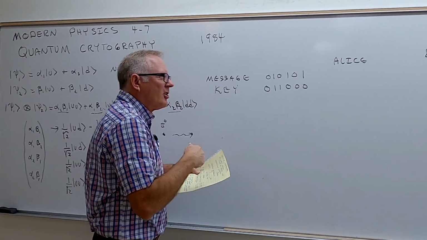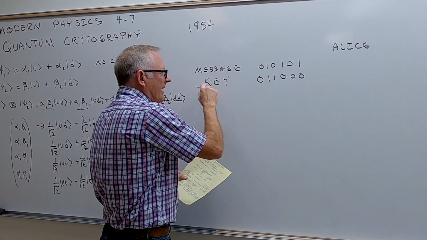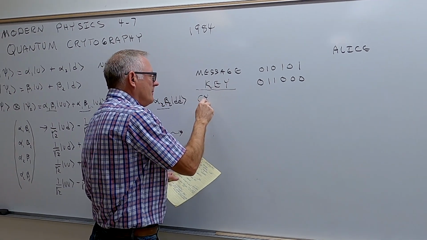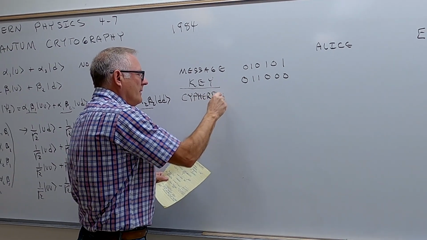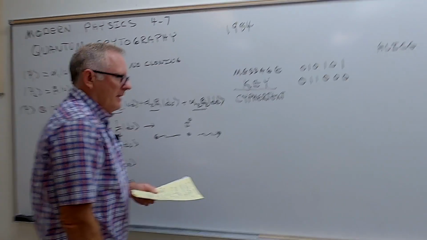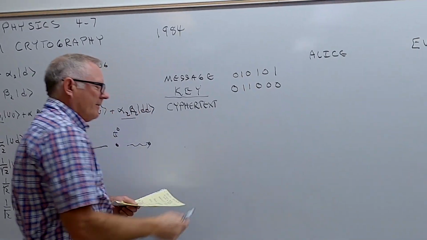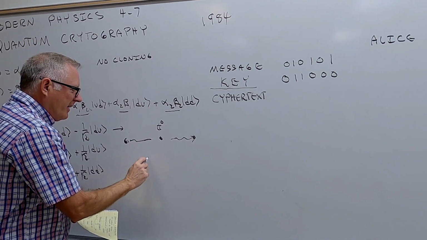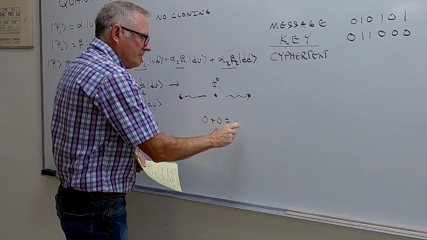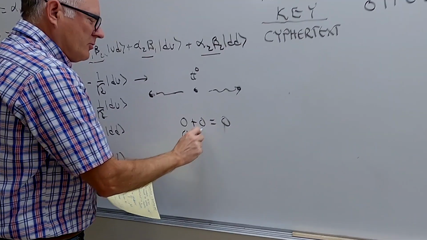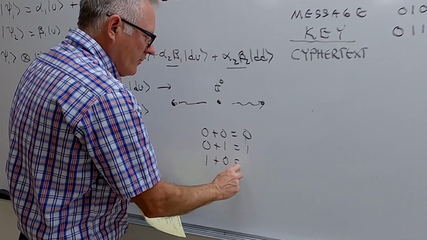But you have to send a coded message, so we actually send the ciphertext. What you do is you just add these two together. Now when you're adding in binary, 0 plus 0, we're just going to call it a 0. 0 plus 1, we're going to make that a 1. 1 plus 0, we're going to make that a 1.